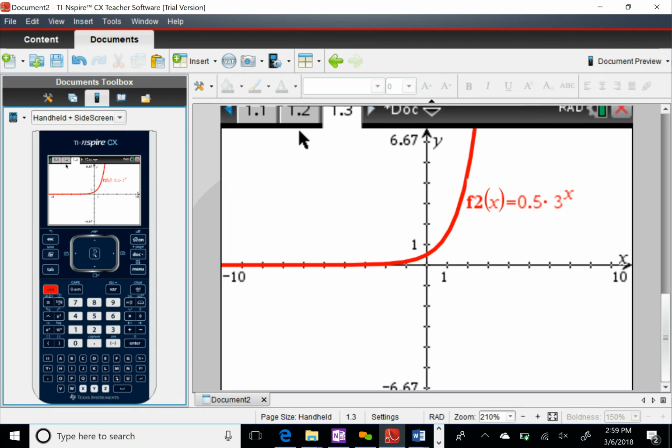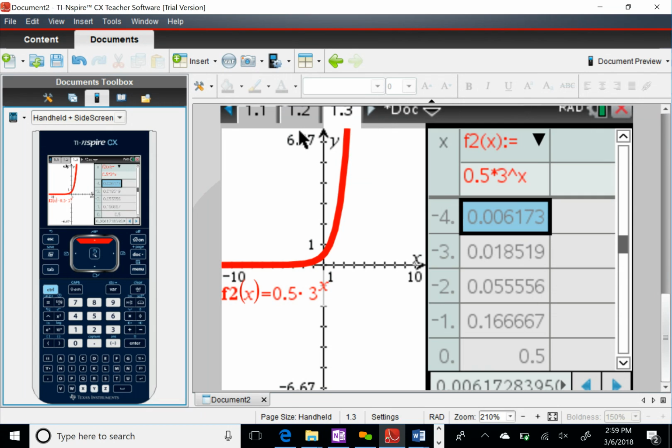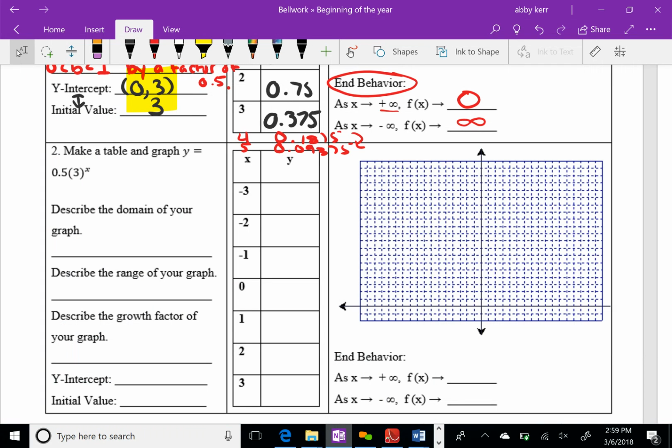So that looks like a growth problem to me. 0.5 times 3 to the x. So then you just copy the table down.